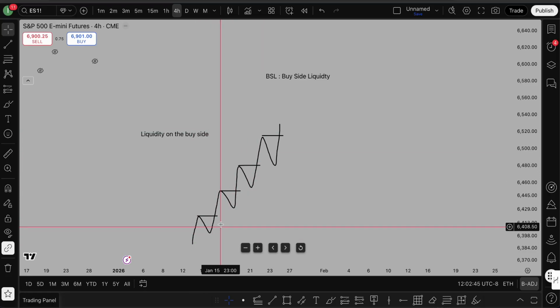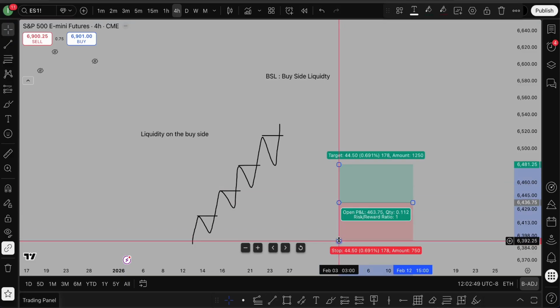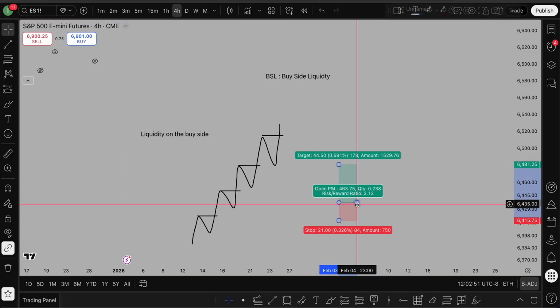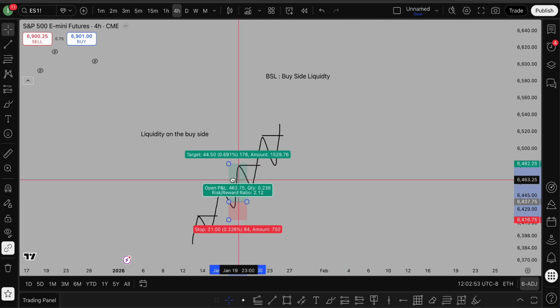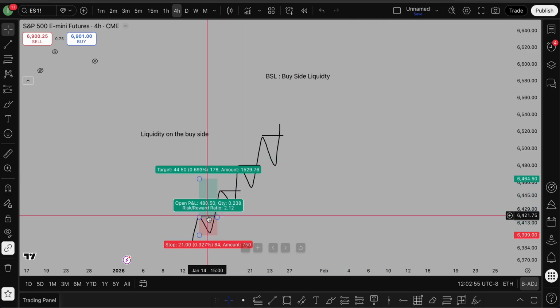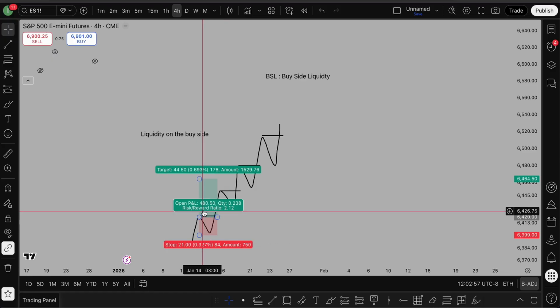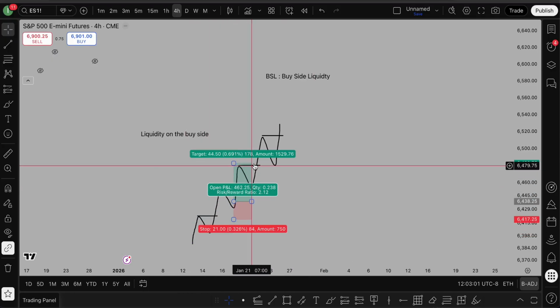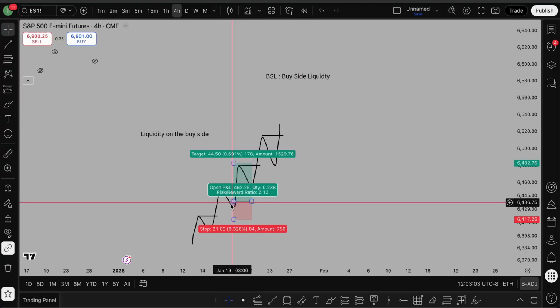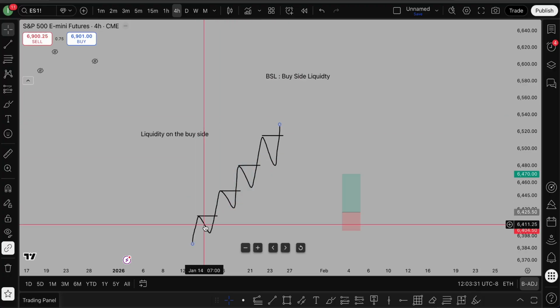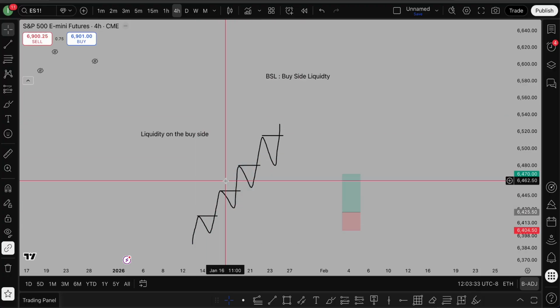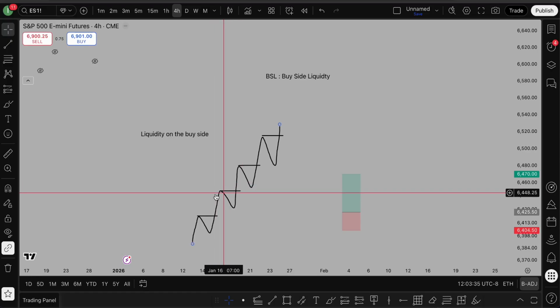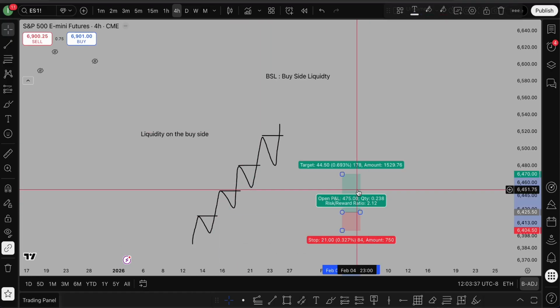People are buying here. So if we had an order to buy, it would look like this. As people are placing their orders here, this is liquidity from the buy side. How I think of it is, when people were buying, we were just leaving liquidity on that side, if that makes sense.